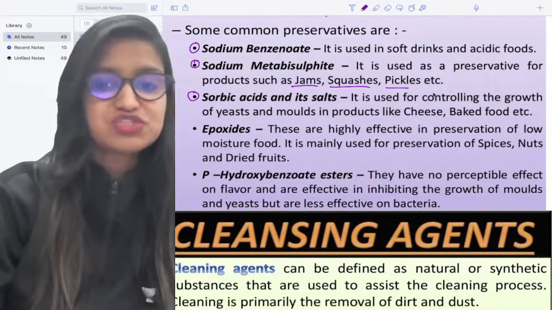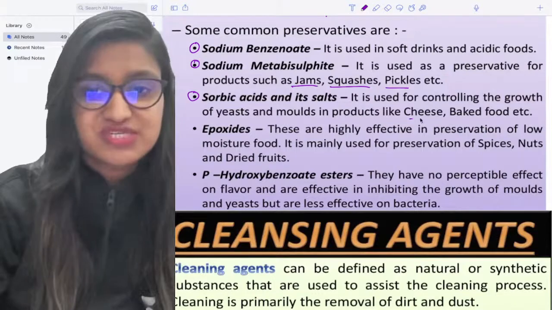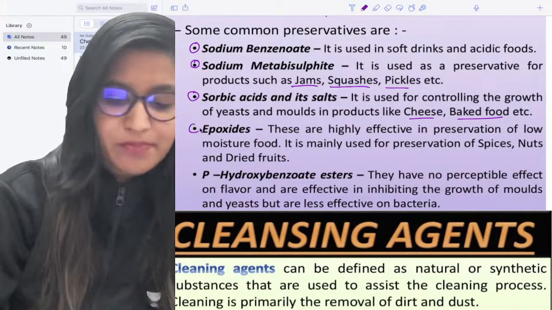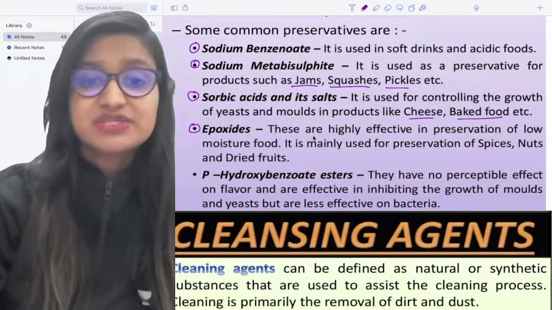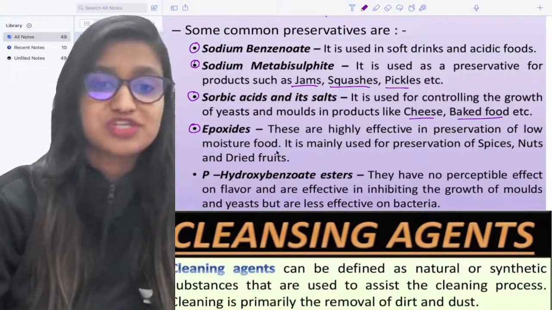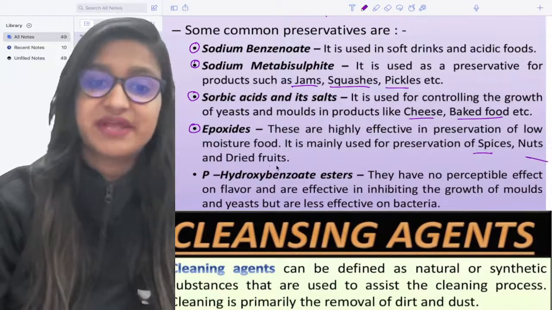So it is used for controlling the growth of yeast and molds in products like cheese, baked food, etc. ठीक है, next is epoxides. So these are highly effective in preservation of low moisture food. It is mainly used in spices, nuts and dried fruits.